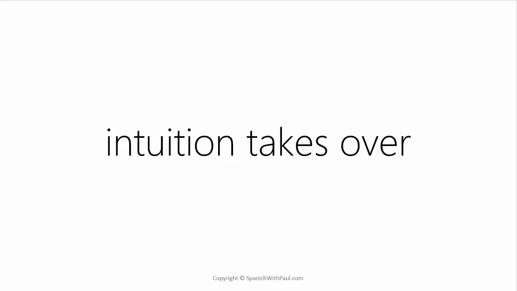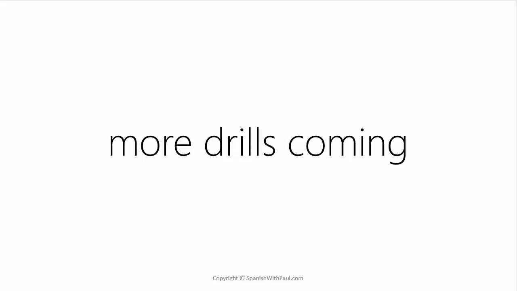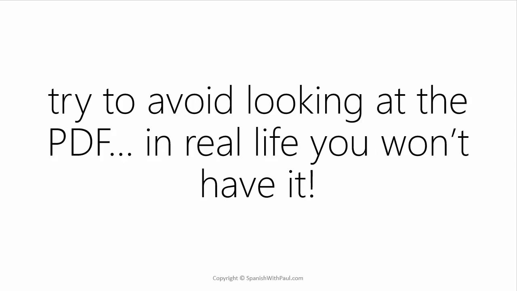So in order to help that happen, we have more drills coming up. And again, it's the same thing. Just pause, think it out, and refer to the PDF at first. Ideally, you want to avoid looking at the PDF because obviously in real life, you're not going to carry it around in your pocket and have it everywhere that you go.